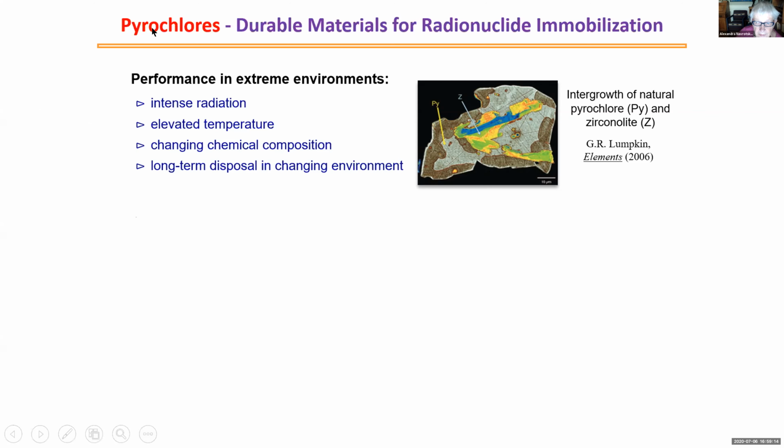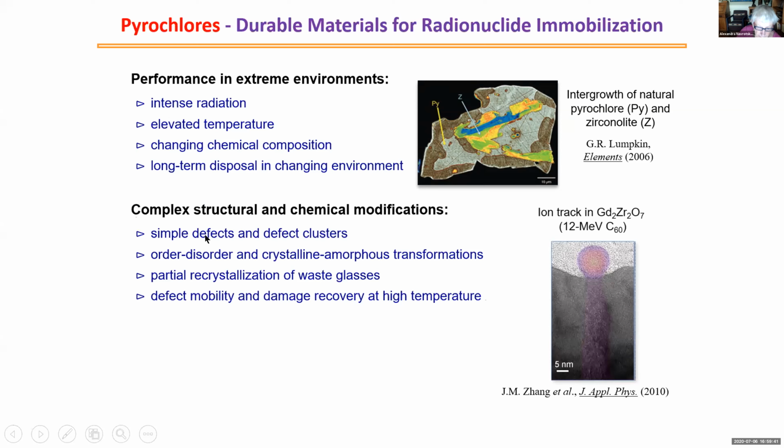And it is of interest, particularly as a durable material for immobilization of radionuclides and for performance in extreme environments, high temperature, corrosive environments, etc. And it also occurs for a number of optoelectronic and mechanical properties.